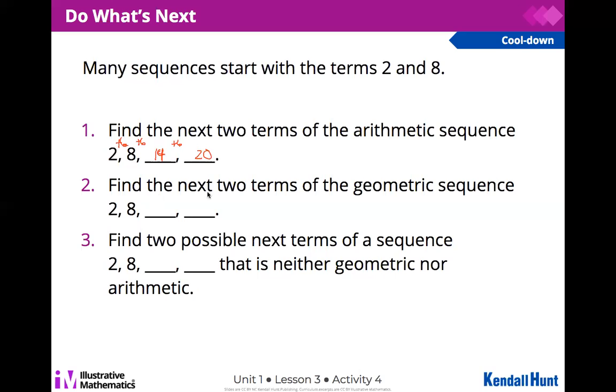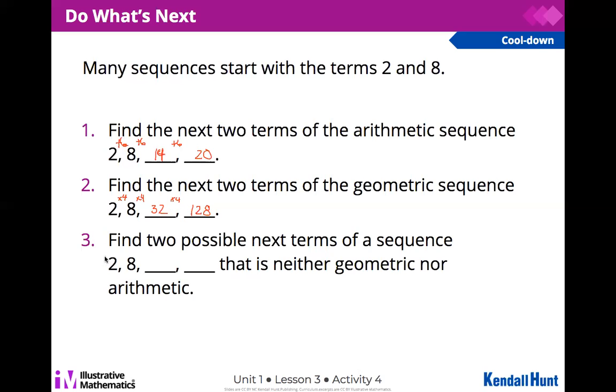Okay. Now your geometric sequence, that's what you're going to multiply. So to go from 2 to 8, I have to multiply times 4. So I got to keep multiplying times 4. 128. Okay. Now you can see that jumps up a lot faster.